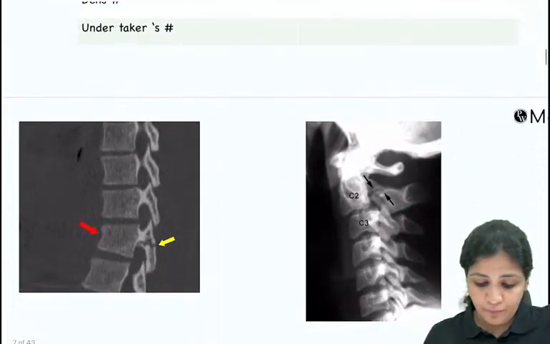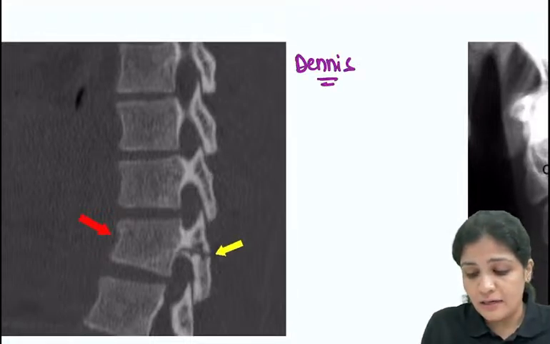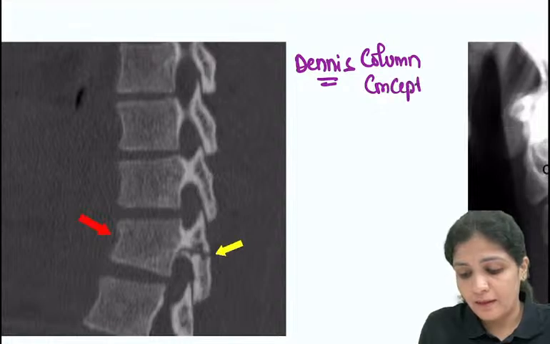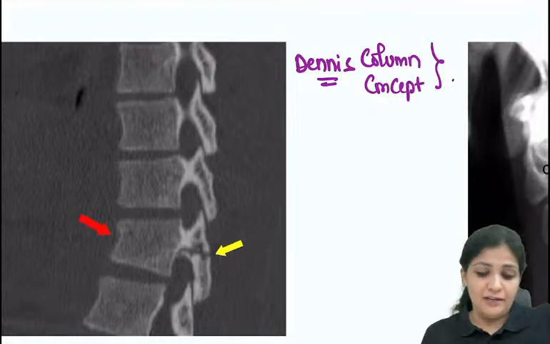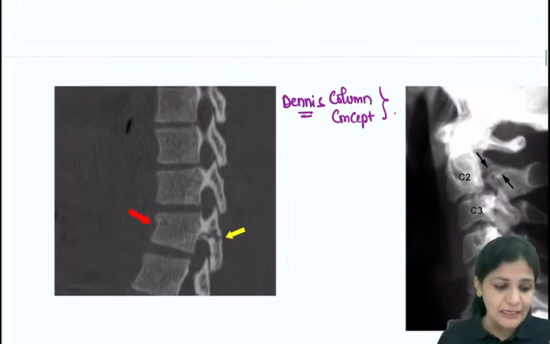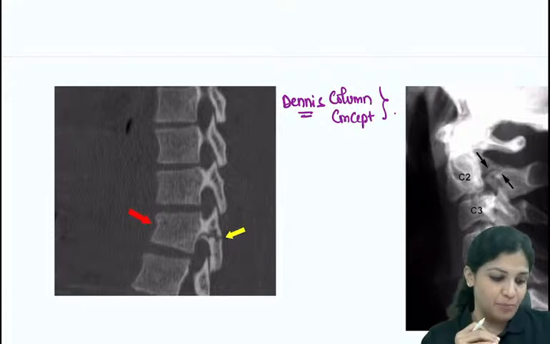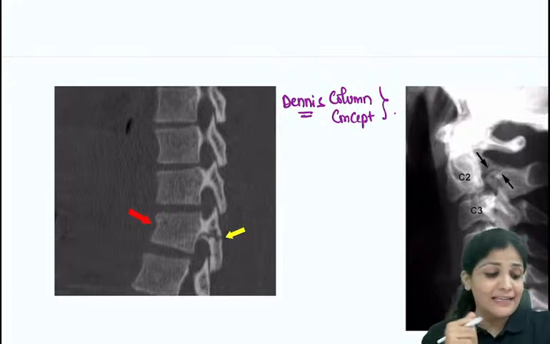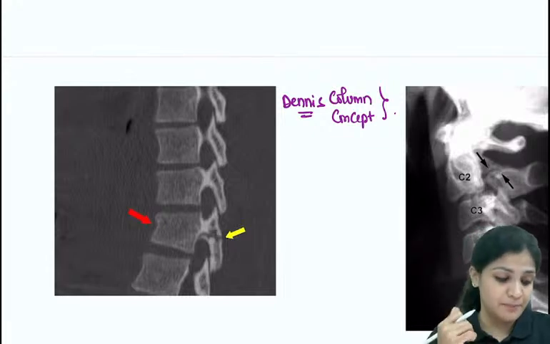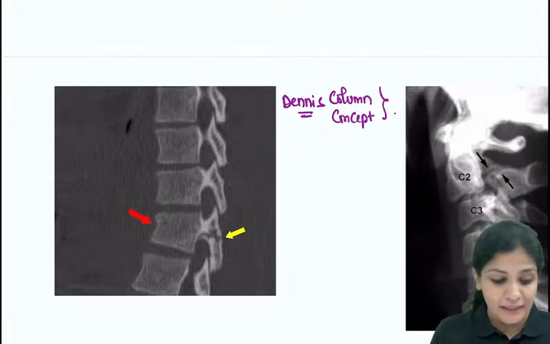Now let me tell you, do you know this Denis column concept? It could be a hyperflexion and then a distraction. Or because of the seat belt, there could be not so much hyperflexion, but the distraction element is important here. So can somebody tell me, do you know this Denis column concept?